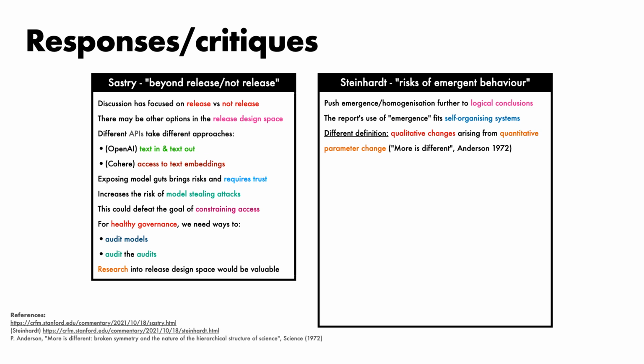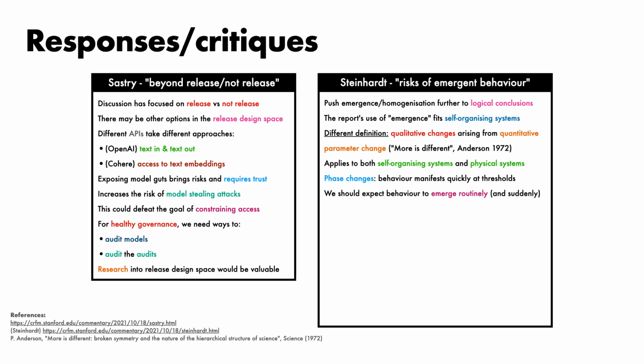An important concept in this idea of emergence, which applies not only to self-organizing systems, but also physical systems like ice melting, is that of phase changes, in which behavior manifests quickly at some threshold. We should now expect such behaviors to emerge routinely, and for some to emerge quite suddenly.